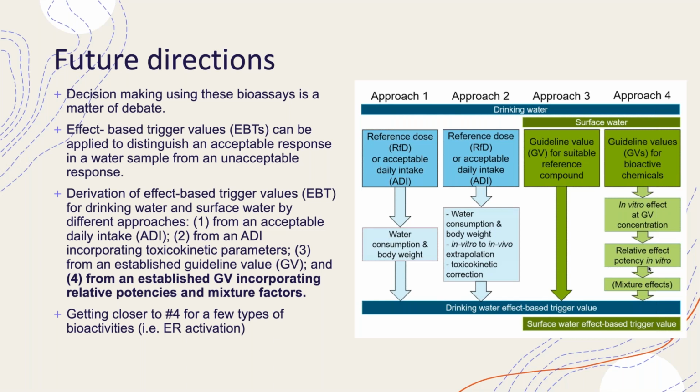I think this is an area where we really need to do some more work, some more thinking. We need to go through it and look at reference compounds of known activity where we do have these guideline values, and then try to come up with ways of looking at these more complex mixtures. This is something that I know a lot of agencies are interested in moving toward, but it's going to take a lot more work for us to have comfort with that.